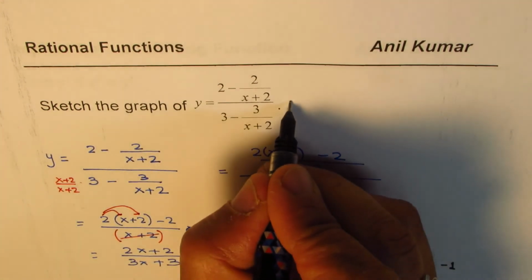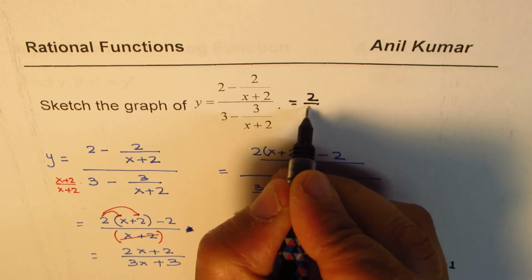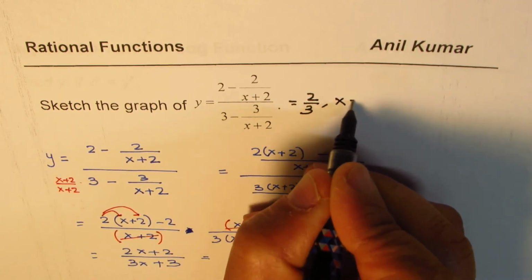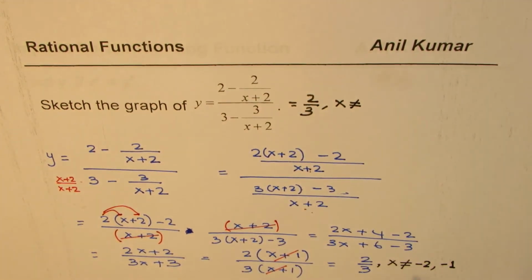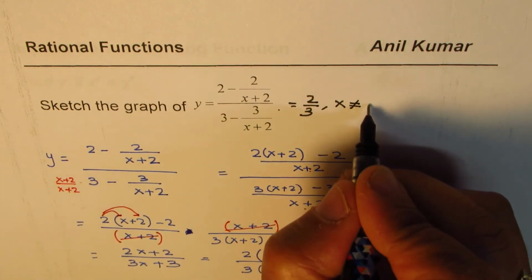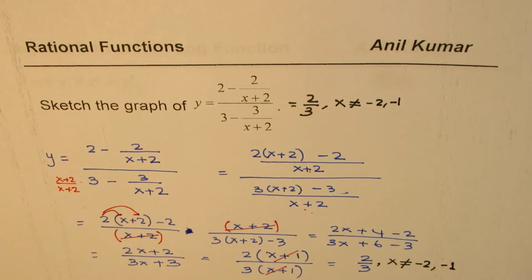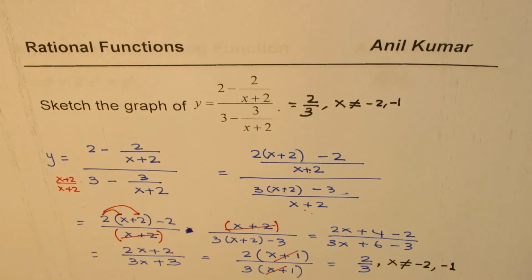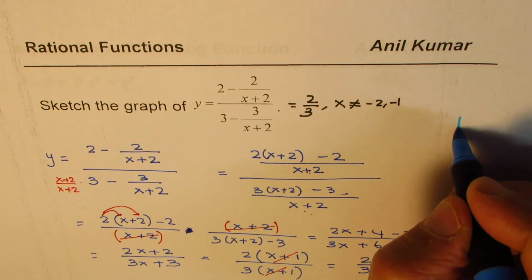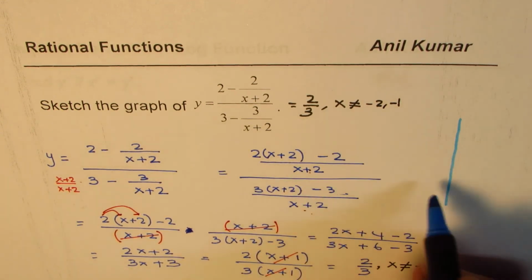So we could write this as equal to 2 over 3, where x is not equal to minus 2 and minus 1. For all other values, it has a constant value of 2 over 3. Correct? So that is the function which we need to sketch. So let me now sketch this function here. I hope this part is absolutely clear, right?